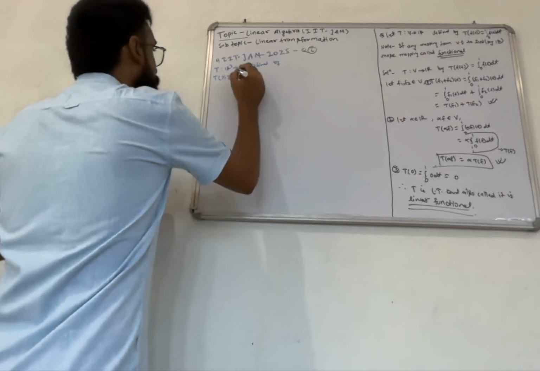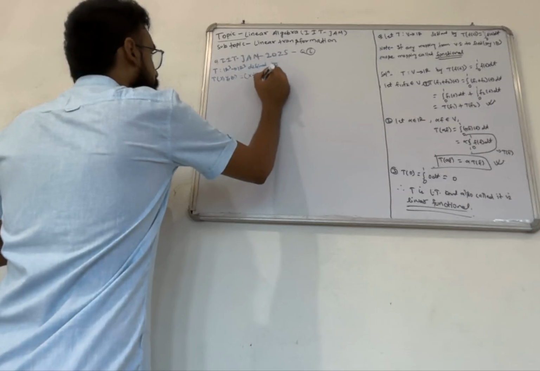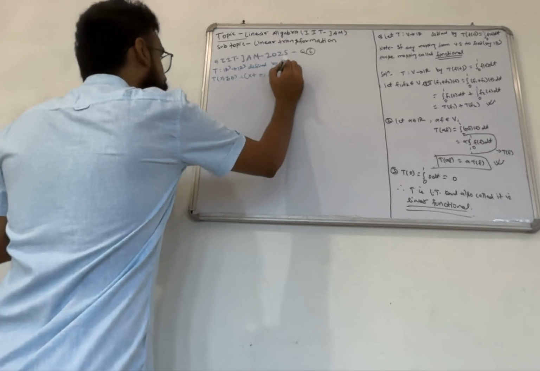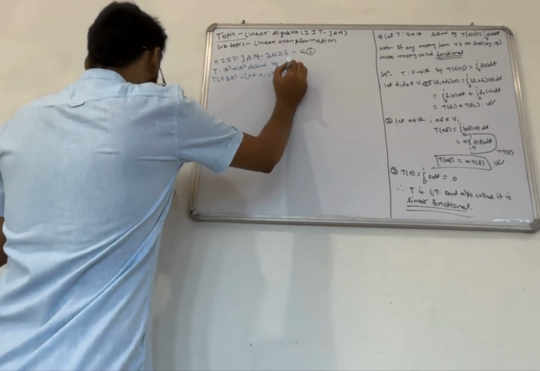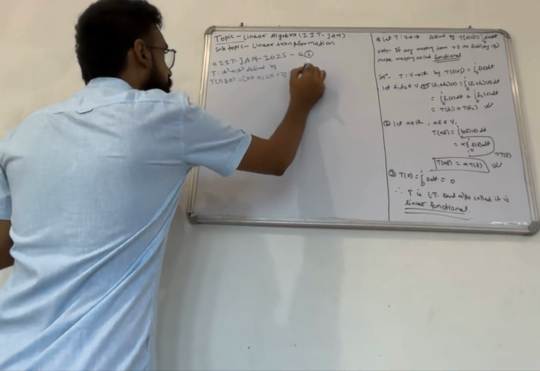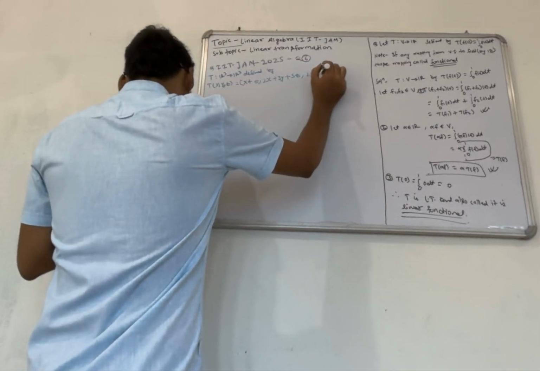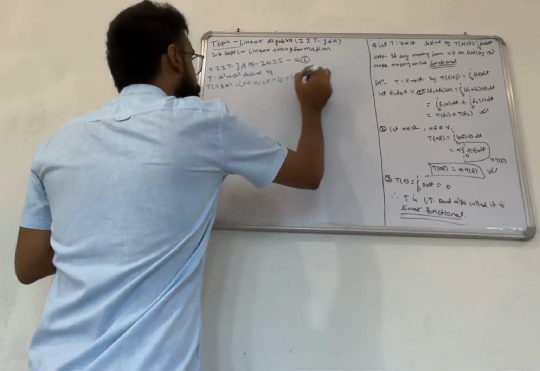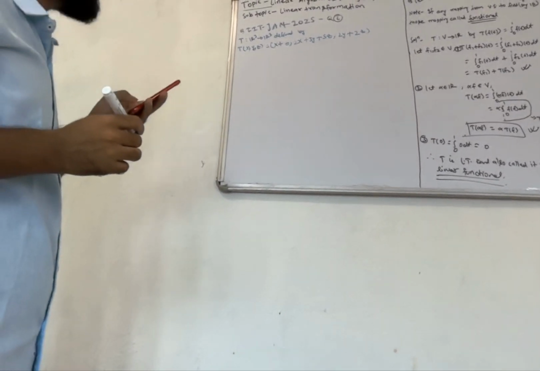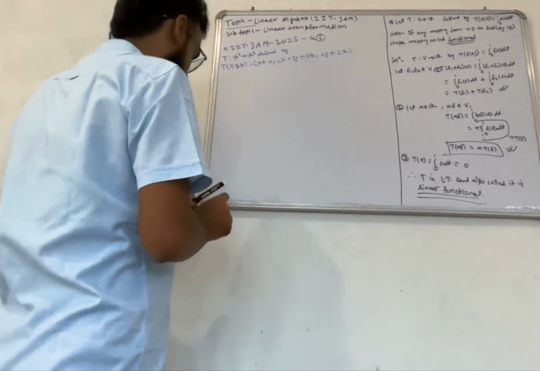It is (x plus z, 2x plus 3y plus 5z, 2y plus 2z). Now the question asks whether it is one-one or onto.